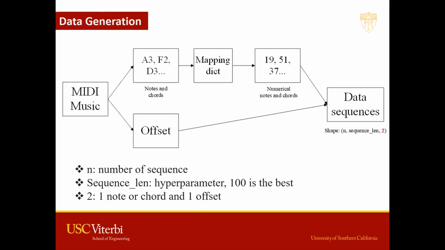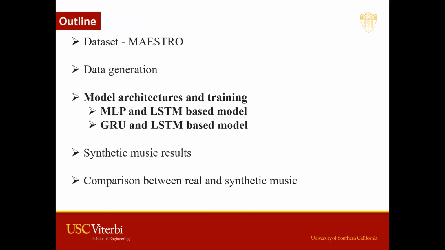Each pair is composed of one note and one offset. N is the number of sequences, and sequence length is a hyperparameter; from our many experiments, 100 is the best for this hyperparameter. Next, Mutian is going to introduce our model architecture and the training process.